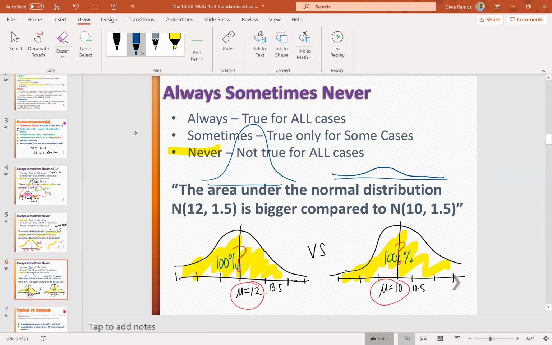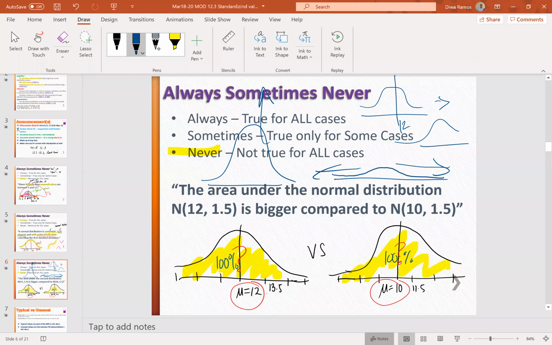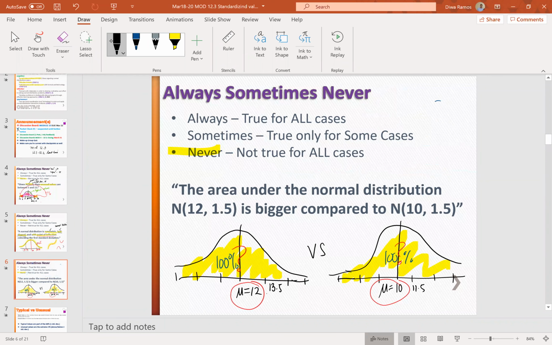So we can stretch it up like this or stretch it sideways or move it from one center to another center, a little bit lower, so it's now there. The area will never change. It's always 100% of all the data, because remember, the distribution represents the amount of data. Differing the center does not affect the percentage of the data. Okay, so that's a never.